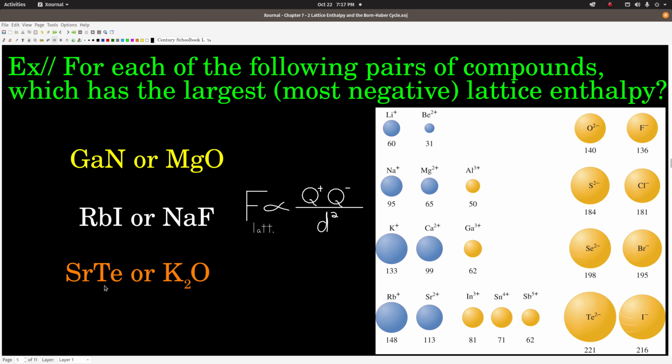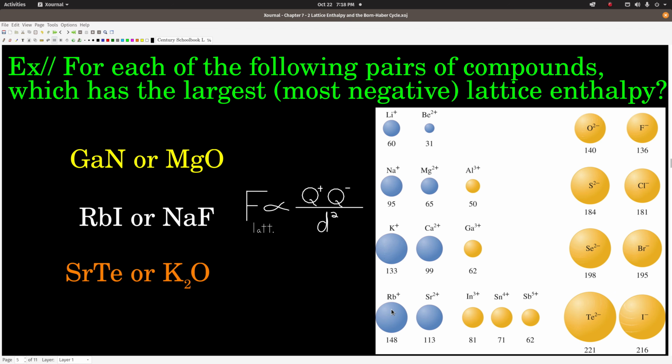Going down to strontium telluride and potassium oxide. Now here, for strontium telluride, we have plus 2 and minus 2, and when you add up these radii, we get about 334. For potassium oxide, we get plus 1 and minus 2. So this product of the charges is smaller. The sum of the radii is like 273, so it's smaller.